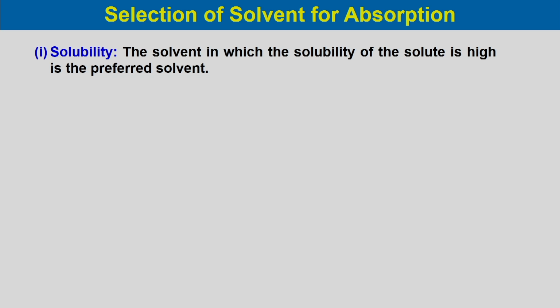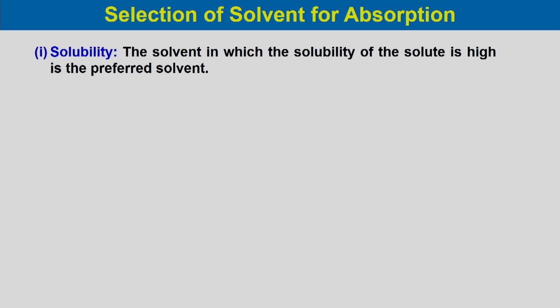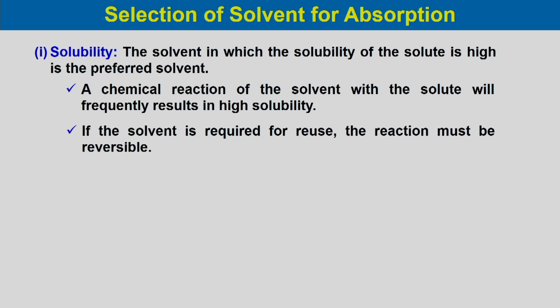One is the solubility. The solvent in which the solubility of the solute is very high is the preferred solvent. So, if the solubility of that component is very high, then with a small amount of solvent we can absorb an appreciable amount of that gas or solute. A chemical reaction of the solvent with the solute will frequently result in high solubility.